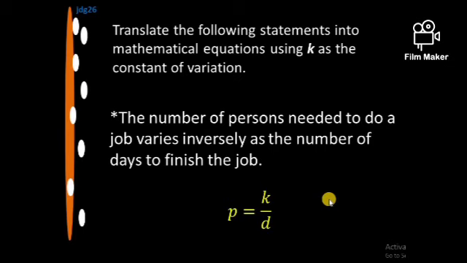So, the equation for this situation is P equals K over D. So, P for the number of persons equals K, which is the constant of variation. Denominator ang number of days. And that's it. So, kung naalala nyo kanina sa direct variation, hindi fraction ang sagot sa equation. Pero kapag inverse variation, fraction form tayo.